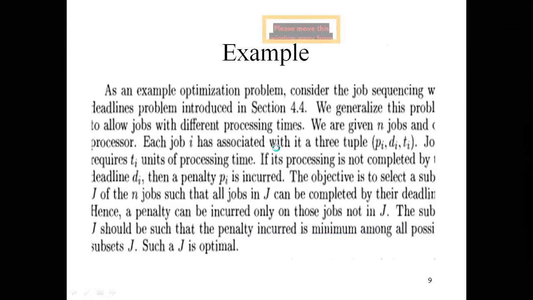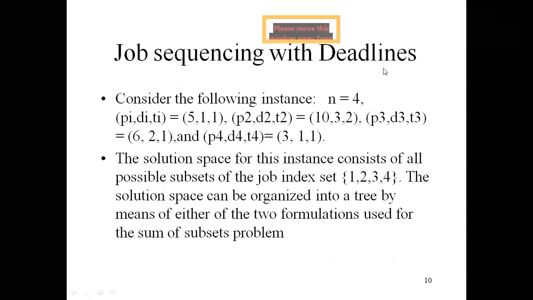Now see the next one, job sequencing with deadlines. Consider the following instance: n equal to 4, meaning the number of jobs is 4. Our aim is to minimize the penalty on the jobs.